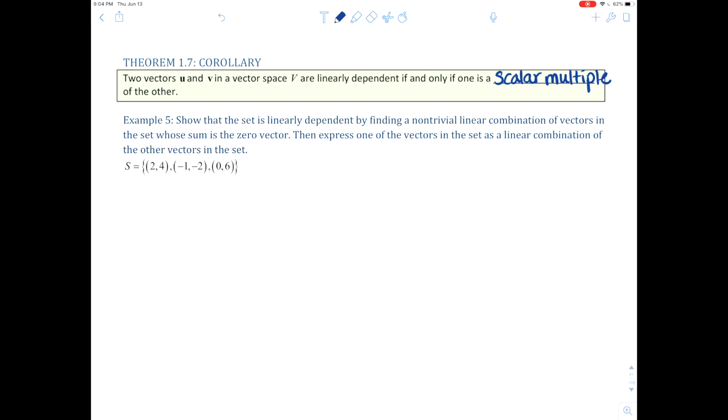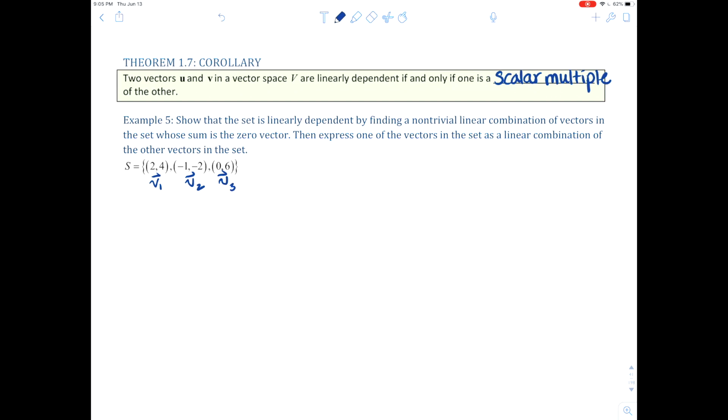Show that the set is linearly dependent by finding a non-trivial linear combination of vectors in the set whose sum is the 0 vector. Then express one of the vectors in the set as a linear combination of the others. So, here we go. If we call this first one vector V1 and then vector V2 and vector V3, we want to do all the steps to find out if it's linearly dependent or independent.